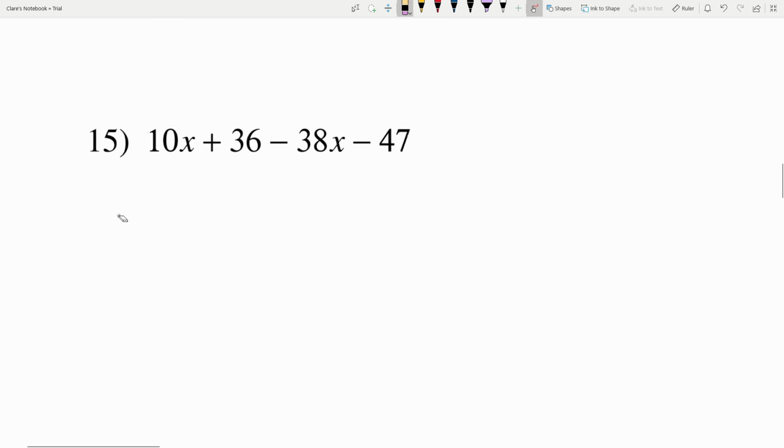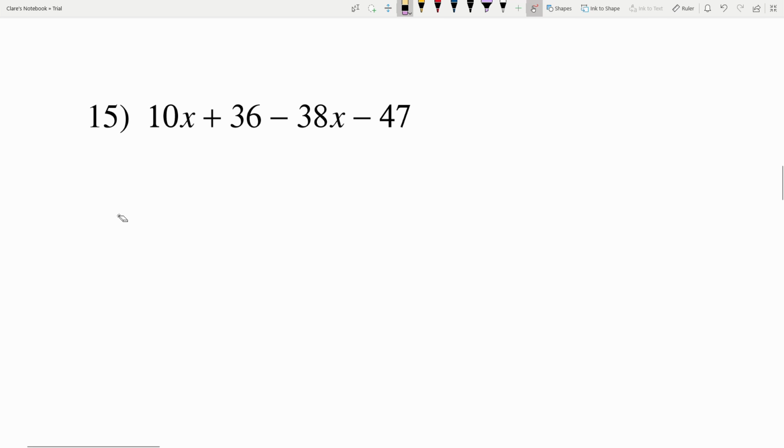In number 15, it's a little bit longer, but remember, we're still going to combine like terms in order to simplify. So we have a 10x and a negative 38x because this 38x is subtracted. And we have a 36 and a negative 47, or 36 minus a 47. So if we do 10x and we subtract 38x, that's going to be negative 28x.